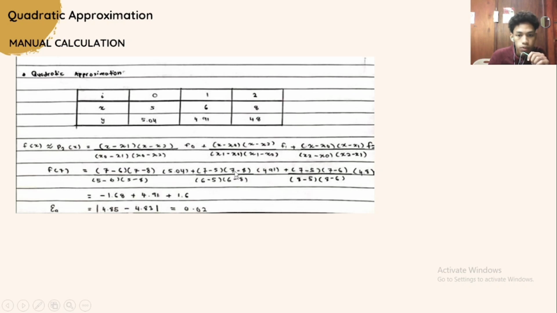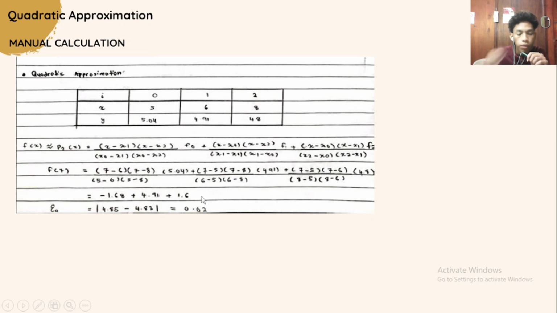This is the formula for the quadratic approximation, and we just put in all the given values. For the first equation, we got negative 1.68, plus the second equation 4.91, then plus the third equation 1.6, so it equals 4.83.